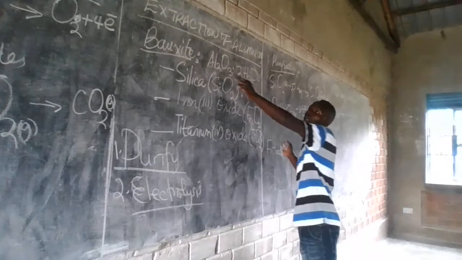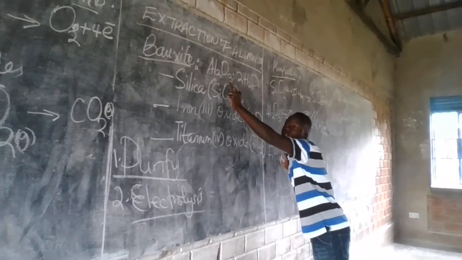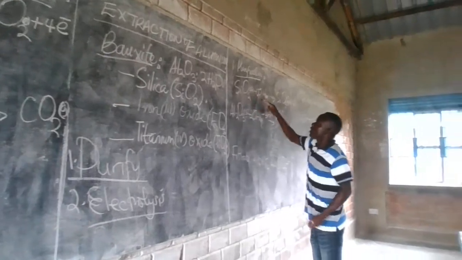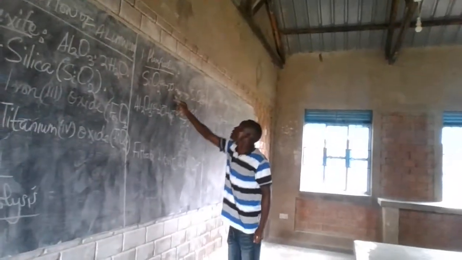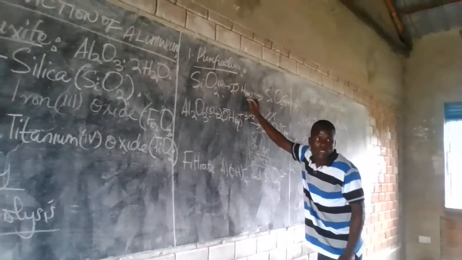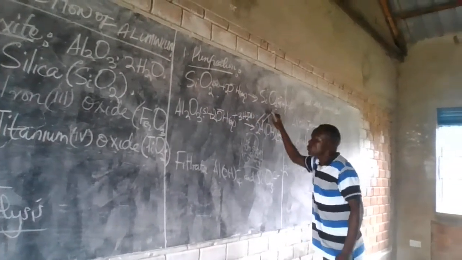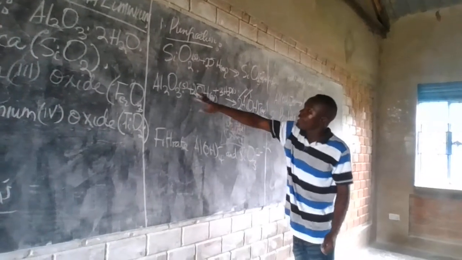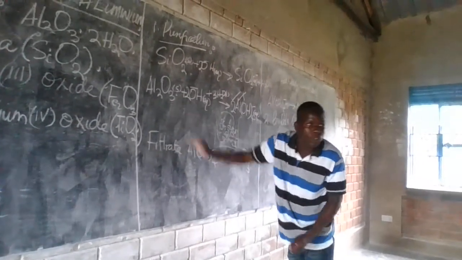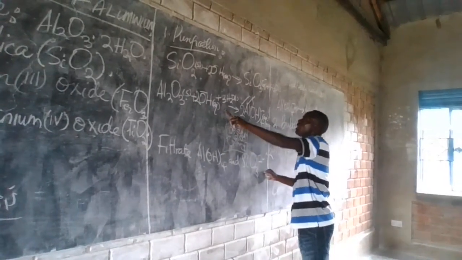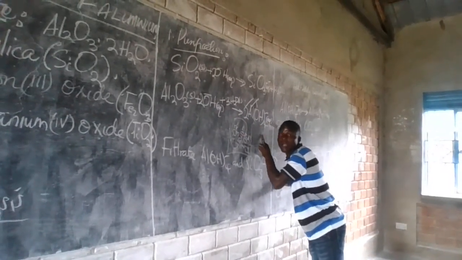So from there, aluminium oxide being amphoteric and silicon dioxide being acidic, they will dissolve in concentrated sodium hydroxide. Silicon dioxide will dissolve in concentrated sodium hydroxide to form sodium silicate and water. Then aluminium oxide being amphoteric, it will dissolve in concentrated sodium hydroxide and form sodium aluminate.